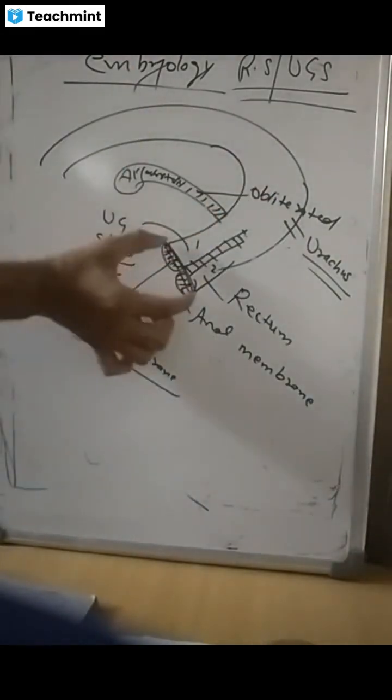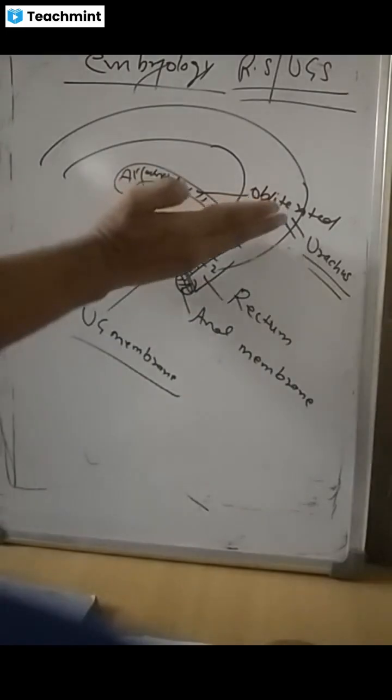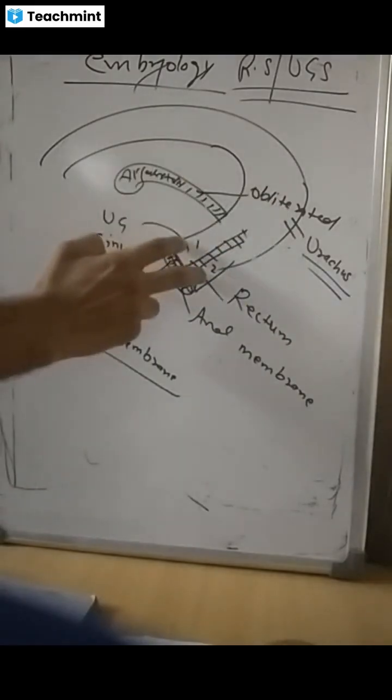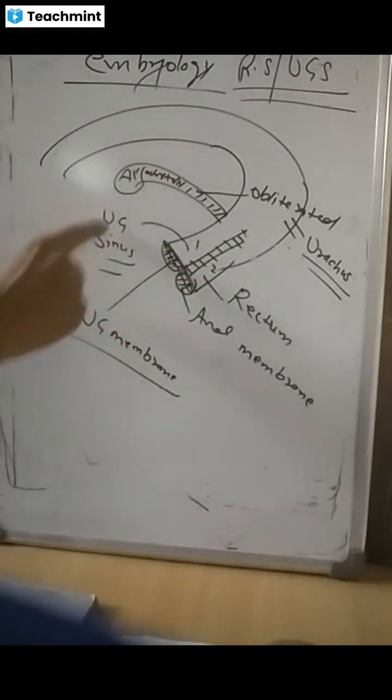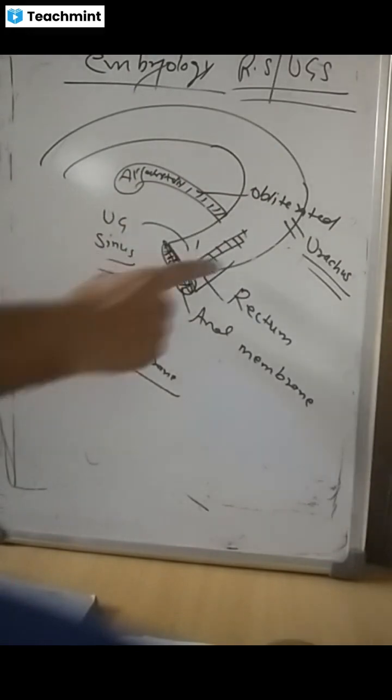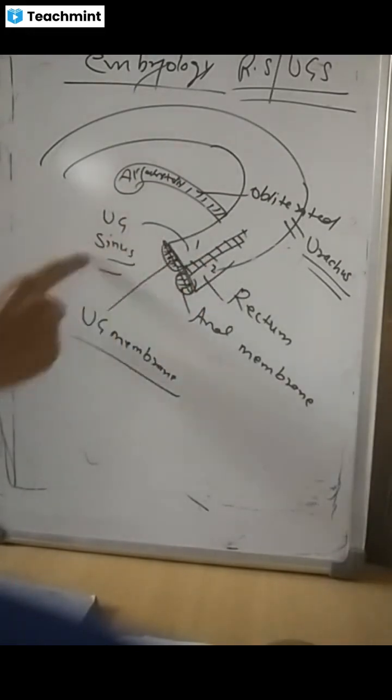From the last portion, the cloaca, one tube, a septum divides it into two parts. Not only the tube, it divides the cloacal membrane into two membranes: the urogenital membrane and the anal membrane.